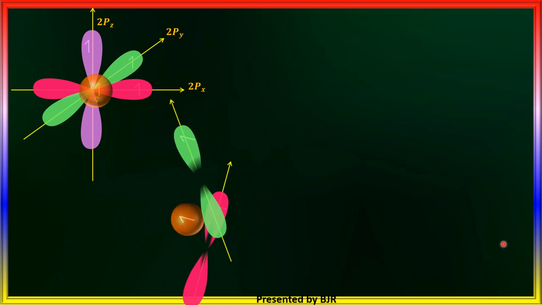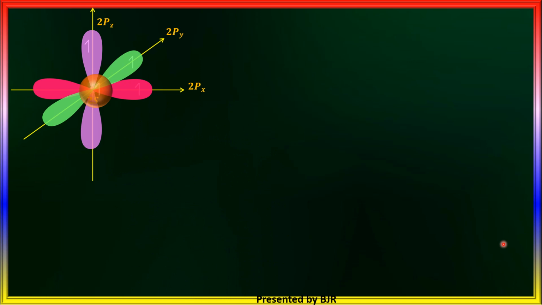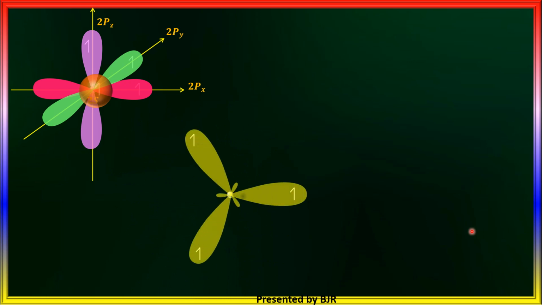See here, they are mixing and forming three identical orbitals, sp2, sp2, sp2. Why? Because one s orbital and two p orbitals have been intermixed and reshuffled to three sp2 hybrid orbitals, and each sp2 hybrid orbital contains one unpaired electron.